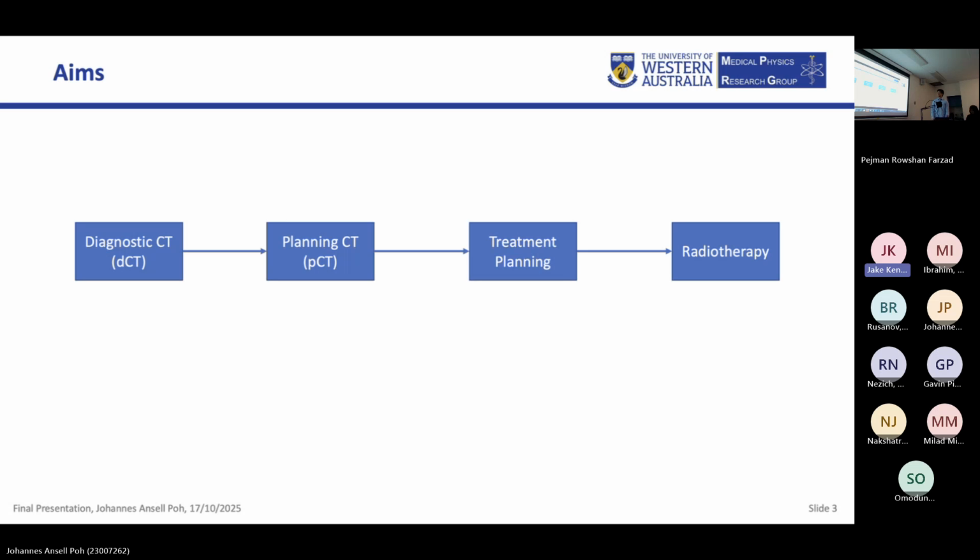If the patient needs to undergo radiotherapy, then they need to come back to the hospital for a separate planning CT. Then they need to wait for the treatment plans to be generated on the planning CT images. And after that, they come back to the hospital for the radiotherapy treatment.